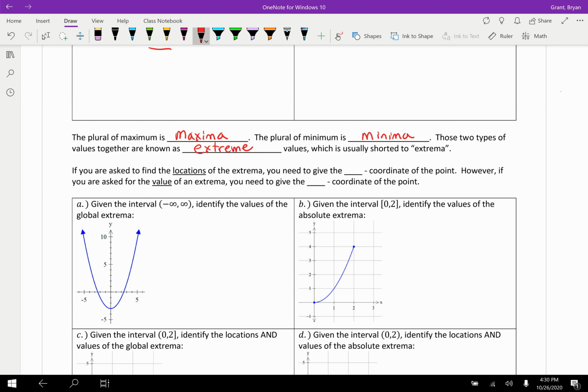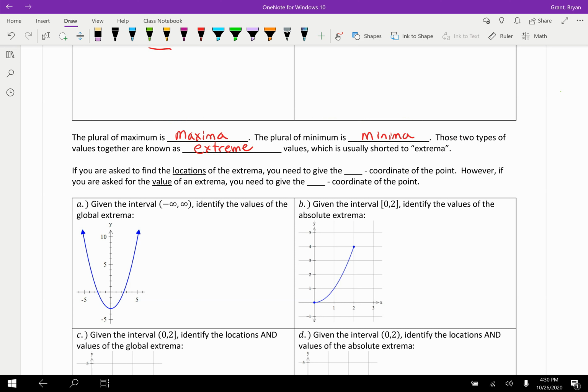Extreme values, and it makes sense if you think of the highest and lowest values. The highest value maximum, lowest value minimum, those are the extreme values. And usually extreme values are shortened to extrema. So if they say find the extrema, then they really mean find all of these.